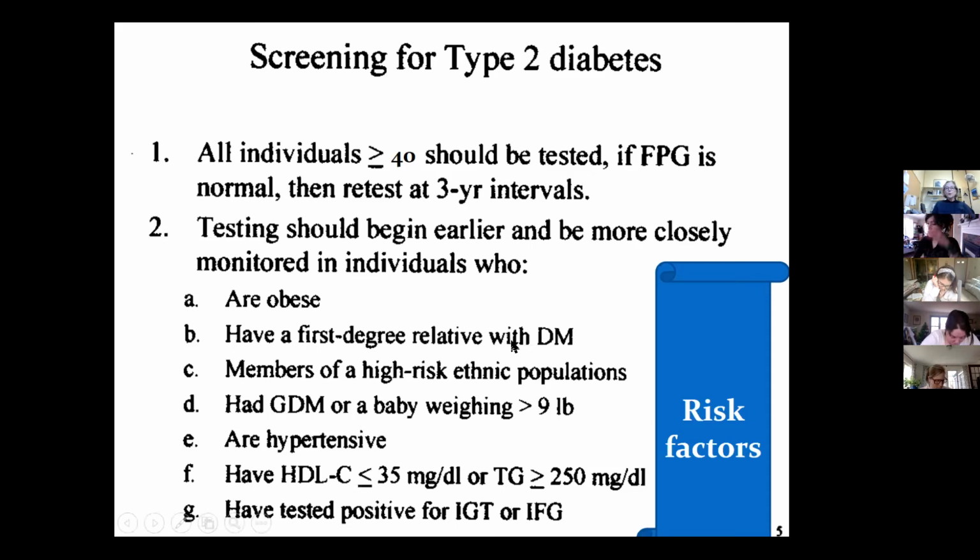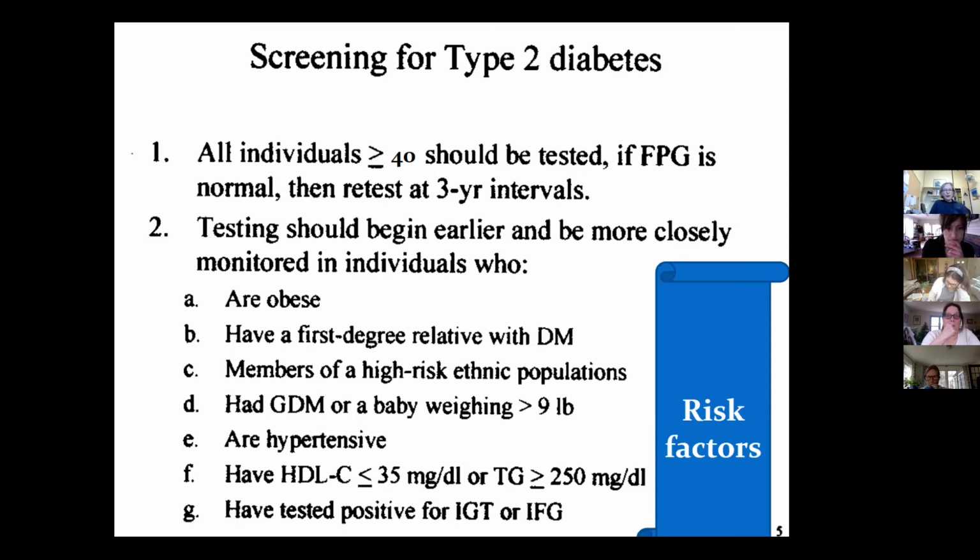If you have a first-degree relative with diabetes, if your mother is diabetic, for example, or your brother, again, earlier, more closely. If you are a member of a high-risk ethnic population, some of the ethnic populations that have higher rates of diabetes include the Native American populations, who perhaps have the highest genetic predisposition.